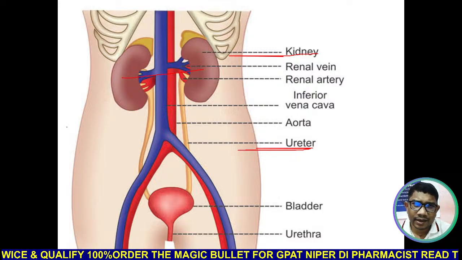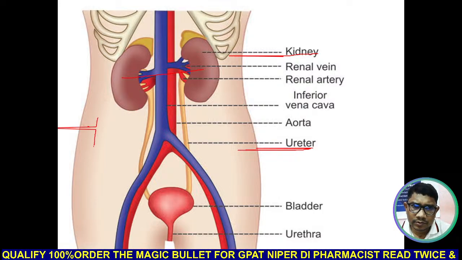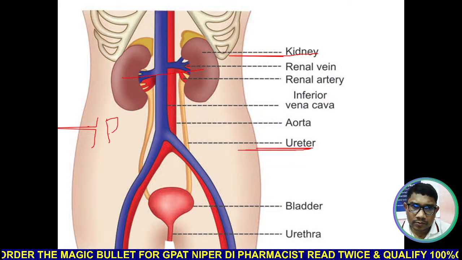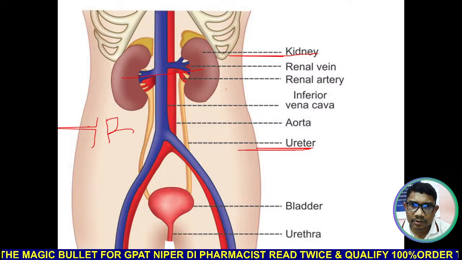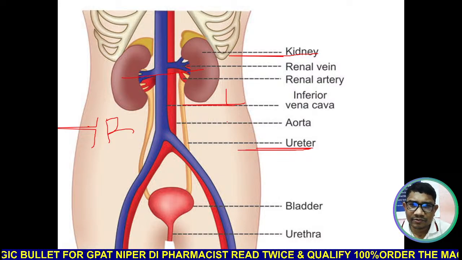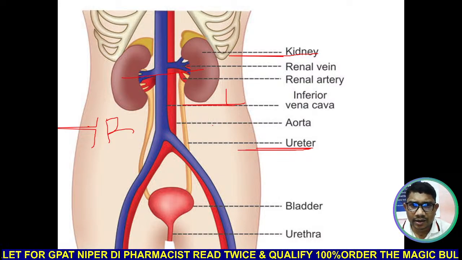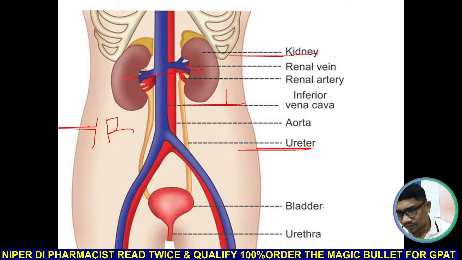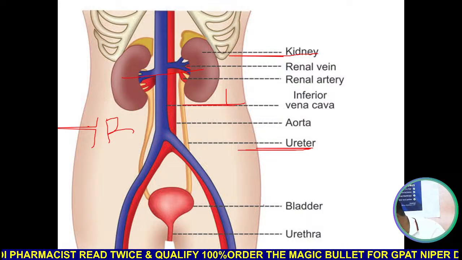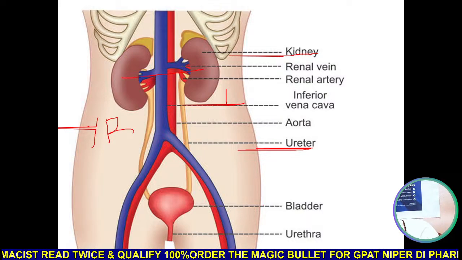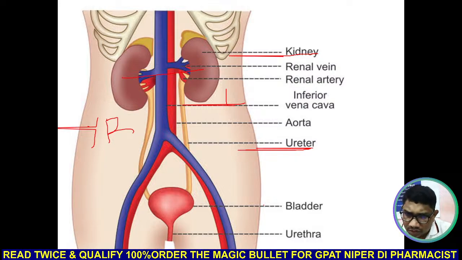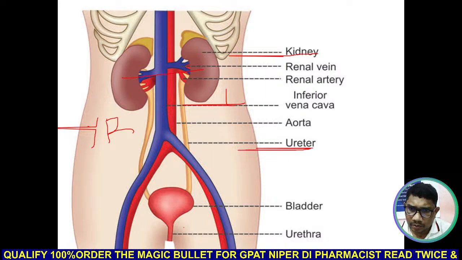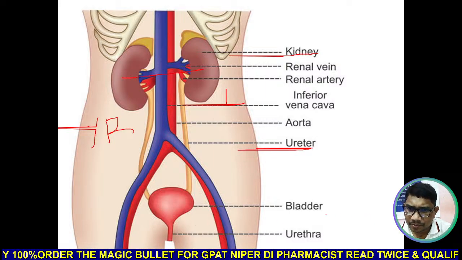This one is the right and this one is the left. Right and left kidneys, 2 kidneys, 2 ureters, respectively right and left ureter. 1 urinary bladder and 1 urethra. So these are the parts of your urinary system.